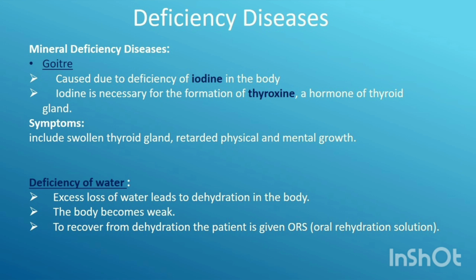Consumption of iodized salt and fish can help in reducing the incidence of goiter. Deficiency of water. Excess loss of water leads to dehydration in the body. The body becomes weak. To recover from dehydration, the patient is given ORS, oral rehydration solution.